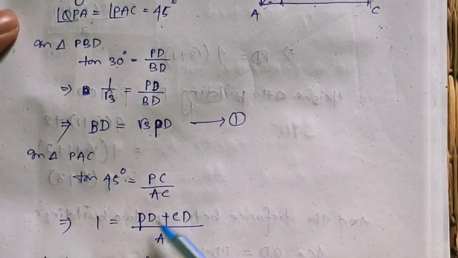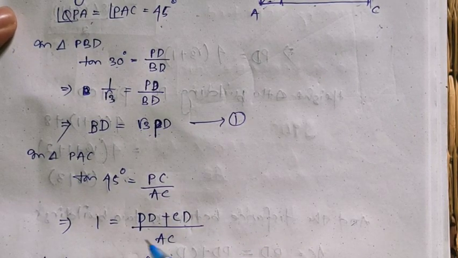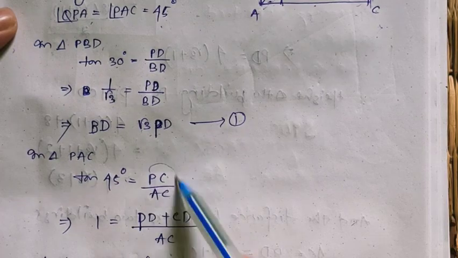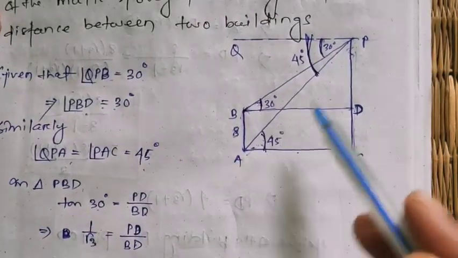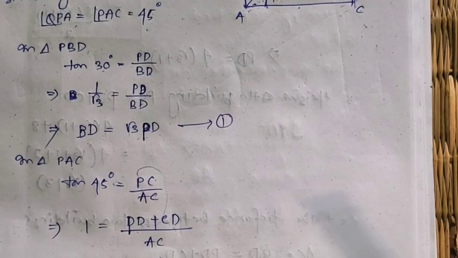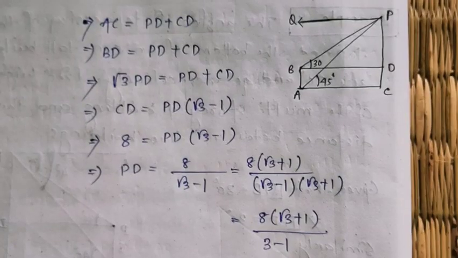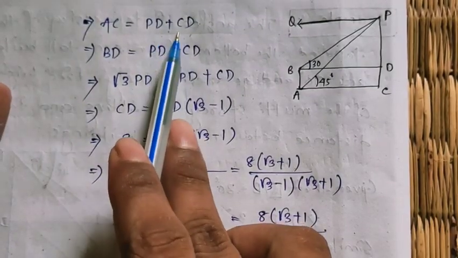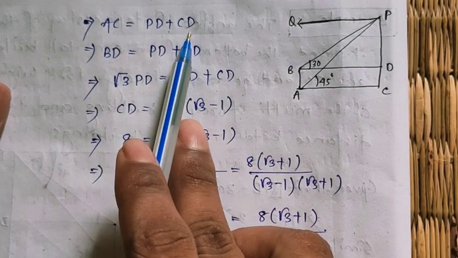So 1 is equal to PD plus CD divided by AC. Understand up to this? This implies AC is equal to PD plus CD.